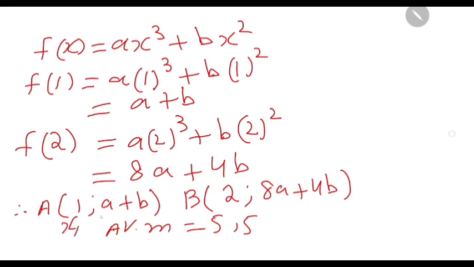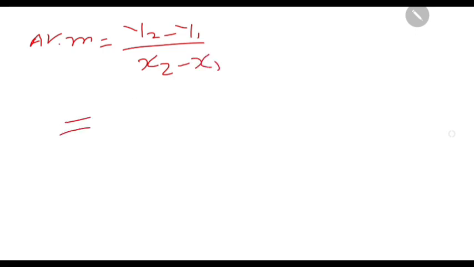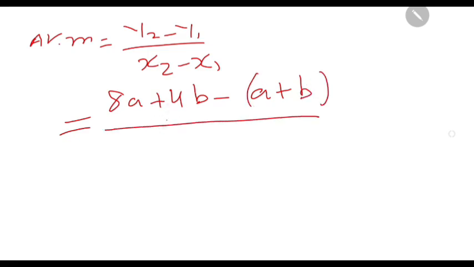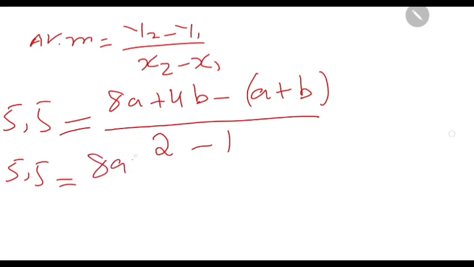So I'm going to find the average gradient between these two points. This is my x1, this is my y1, this is my x2, this is my y2. I use the formula (y2 − y1) over (x2 − x1). So y2 is 8a + 4b minus the bracket of y1, a + b, over x2 minus x1, which is 2 − 1, and the average gradient is 5.5. Simplifying, 5.5 = 8a + 4b − a − b, applying the negative inside the bracket, over 2 − 1, which is 1.